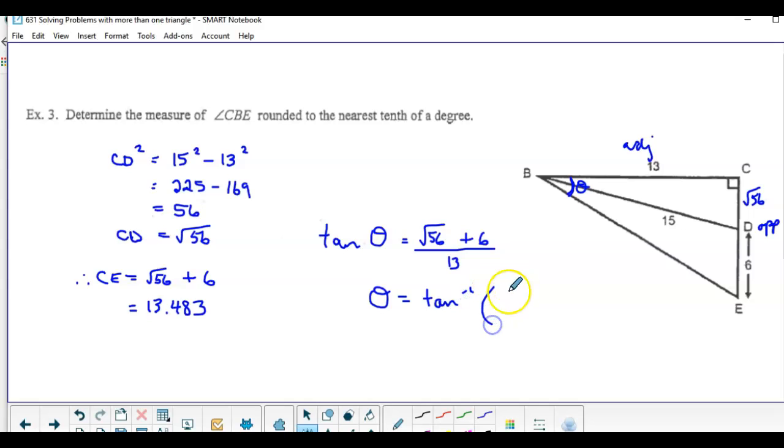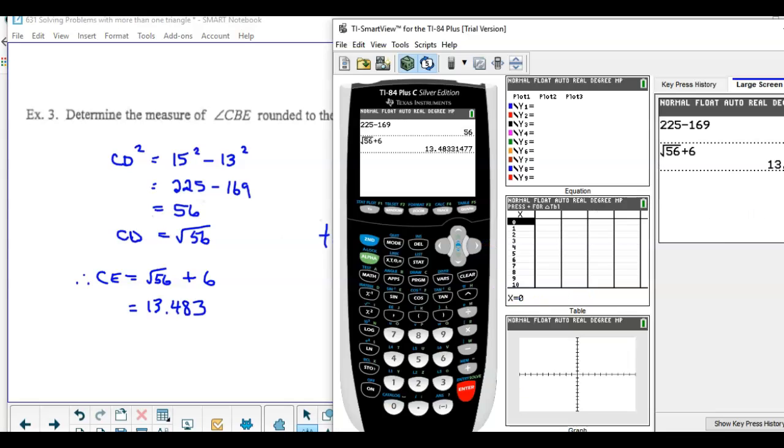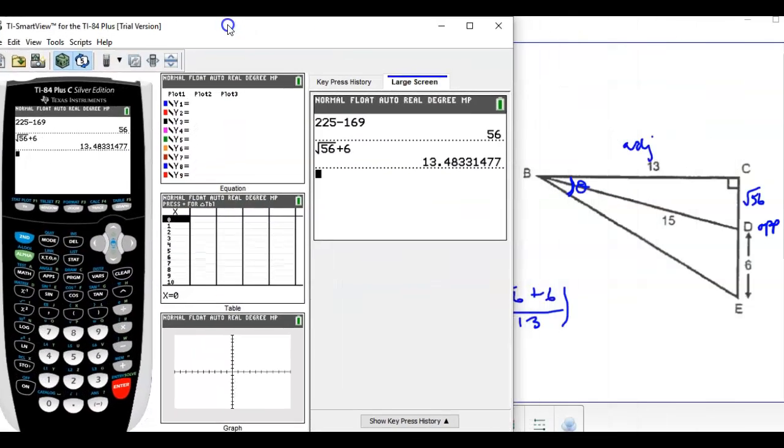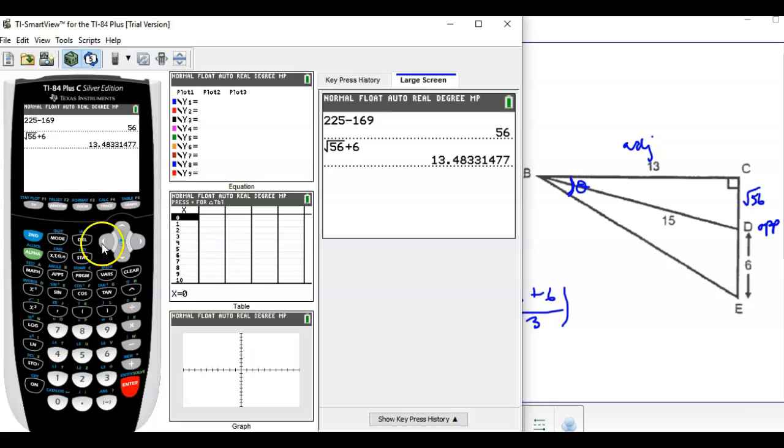So second key, tan key, and then root 56 plus 6 all over 13. Okay, so calculator out. Maybe I'll move it this way. Okay, so because you already have some the numerator in there, you could use it. So you could go second tan, that answer, okay, or cursor up if you have a newer calculator, and copy it out, divided by 13, close the brackets, enter, okay.